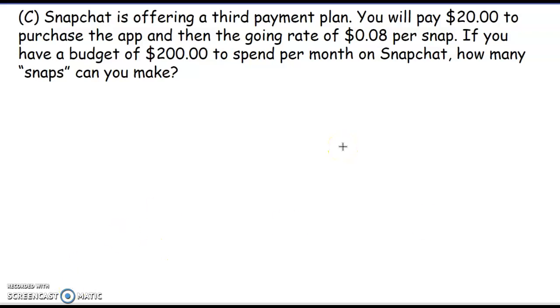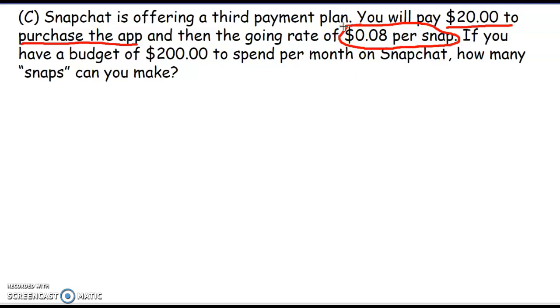So let's start underlining. First of all, I'm going to be paying $20 to purchase the Snapchat app just to begin with, okay? No matter what, before I even start snapping, I am paying the $20. Then I'm going to be having a going rate of that 8 cents per snap.